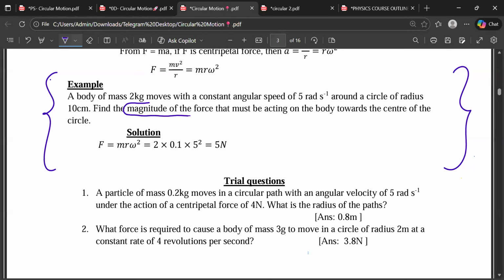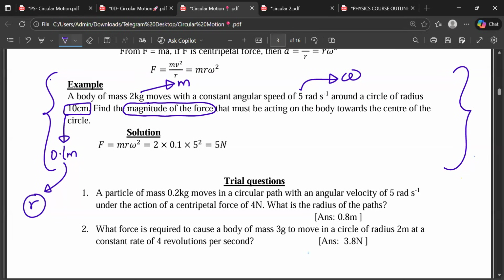They asked directly the magnitude of force. So you need to understand that the 2 kilograms was our mass already in kilograms. The angular speed was in rads per second. We had the omega. Then the radius, we had it as 10 centimeters, which we are supposed to convert to 0.1 meters. And that is our radius.